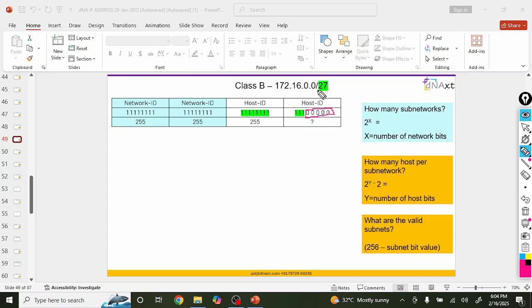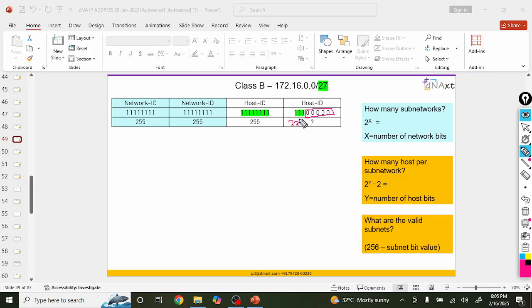Out of this 27, 16 are of the major network, because slash 16 is the default CIDR value of our Class B. The remaining 11 bits are the subnet bits. So let's calculate the subnet mask. It will be 255.255.224.